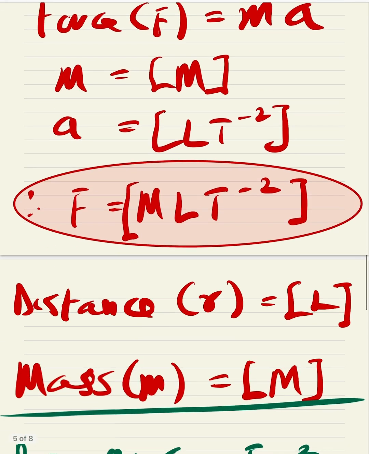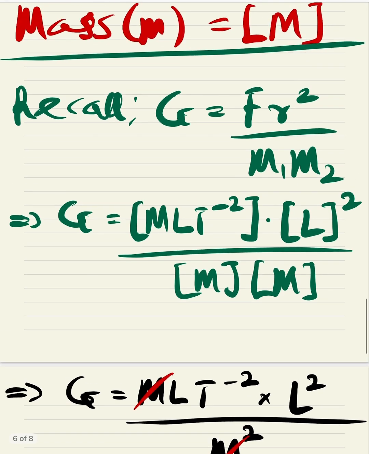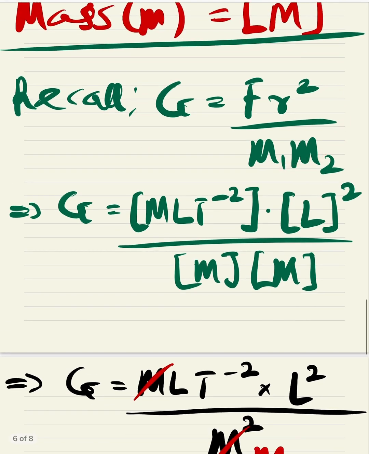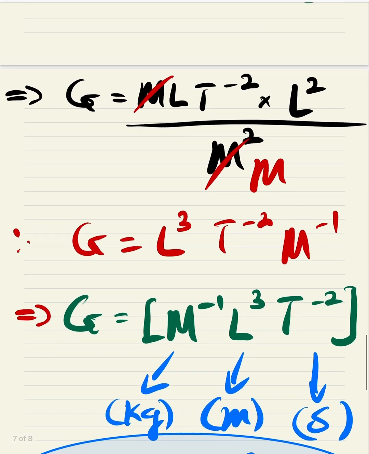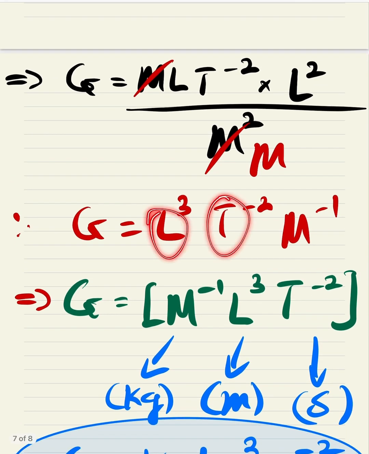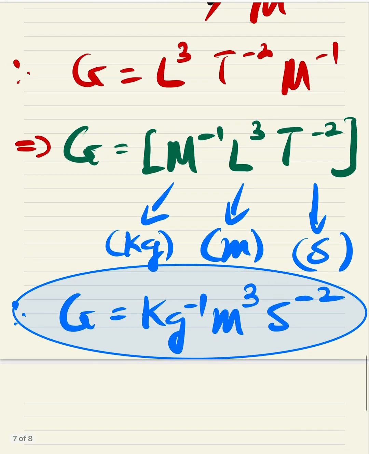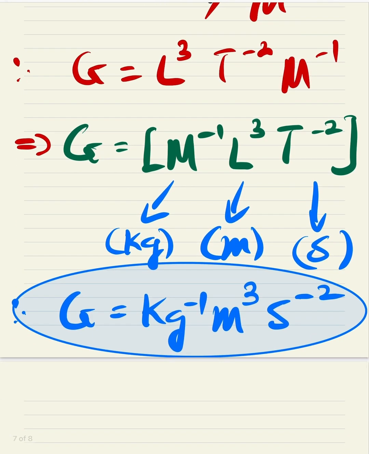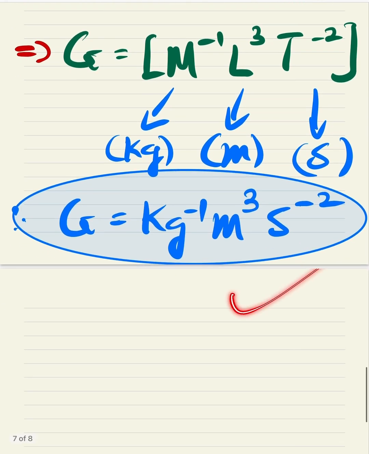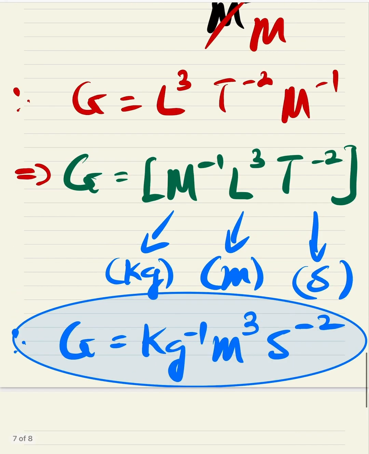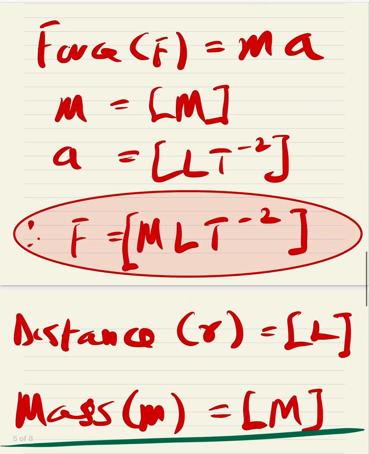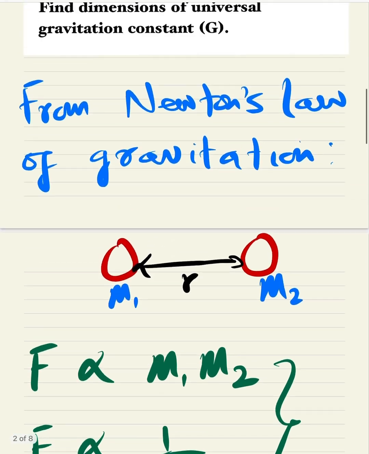When you get all of those, you slot them back into the G. Then you break it down until you have just one single L, one single T, and one single M. Then you can turn it back. Anywhere we are saying the mass, the unit is kilogram. The unit of the time is seconds, and length is in meters, right? You just replace it back there, and you are going to be left with the units. Very simple, right?